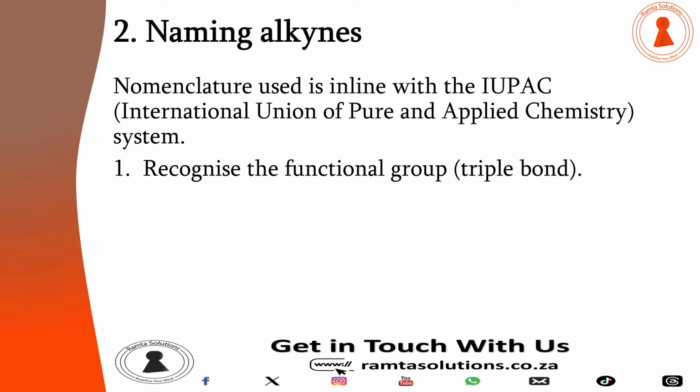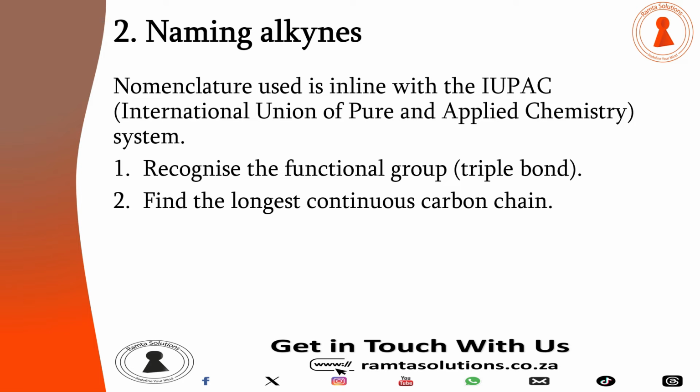You will see that later when we draw and name structures of alkynes. Secondly, find the longest continuous carbon chain. Here I like saying the maximum number of carbons, guys. Find the maximum number of carbons in your molecule.